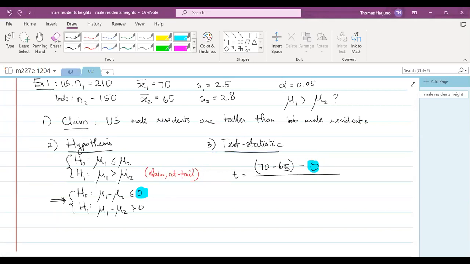Now, on the denominator, we have the square root of the first sample variance. So I need to put a square there, that 2.5 is the sample standard deviation, squared over the sample size 210, plus the sample variance from the second group over the second sample size. Then you compute that using a calculator.